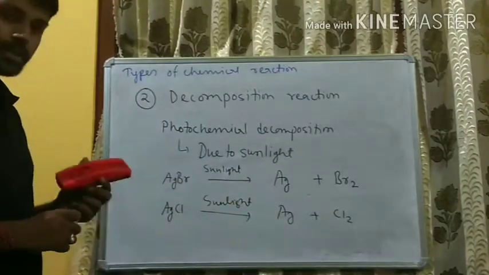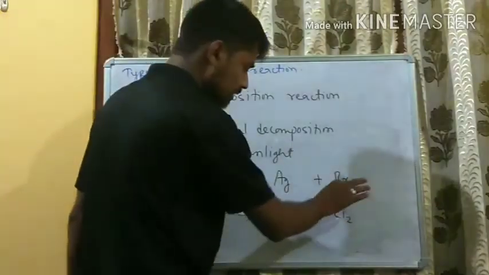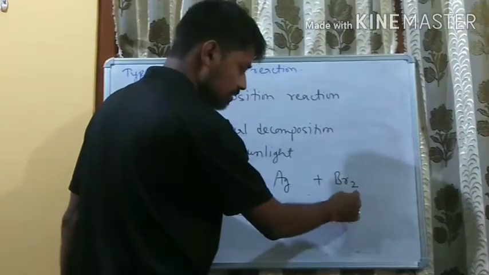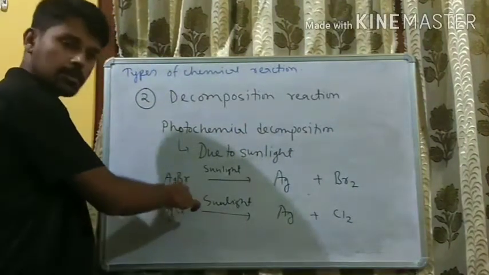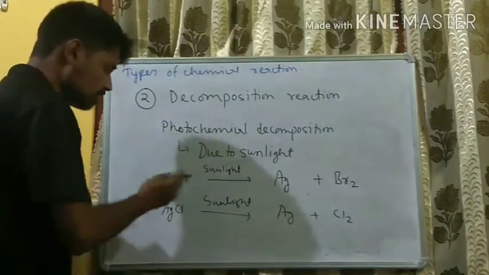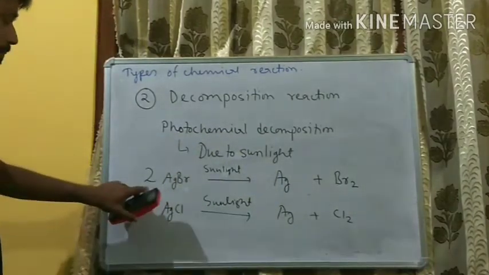This reaction is not balanced, so let us balance the reaction. You can see that in the product side, the number of bromine is 2, and in the reactant side, the number of bromine atom is 1. So to make it 2, we have to add 2 here.